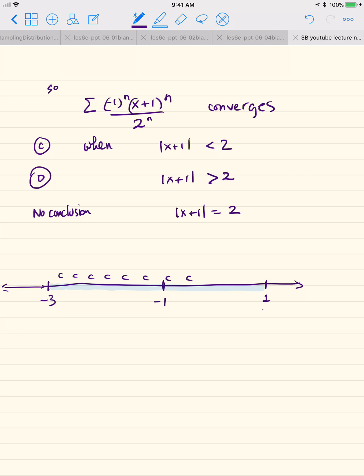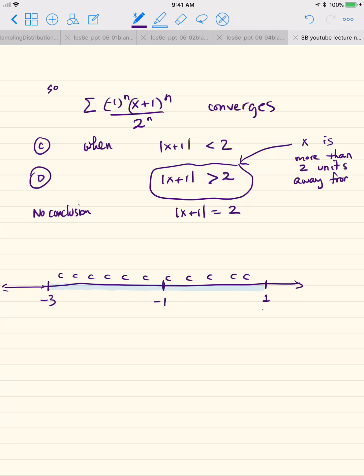If x is outside of this, more than 2 units away from negative 1, because that's what this means, right? The distance between x and negative 1 is greater than 2. So x is more than 2 units away from negative 1. Diverge, diverge, diverge.